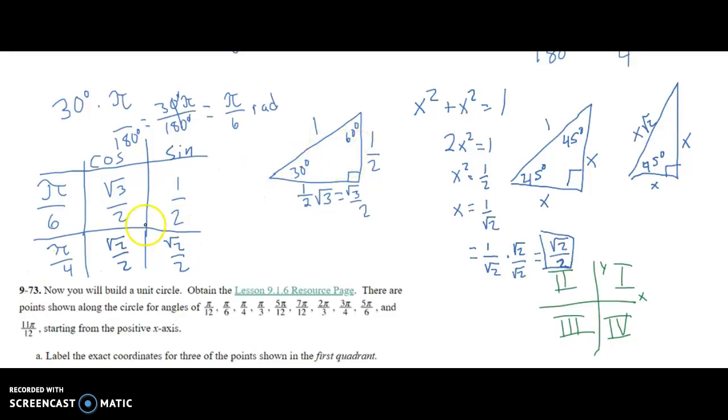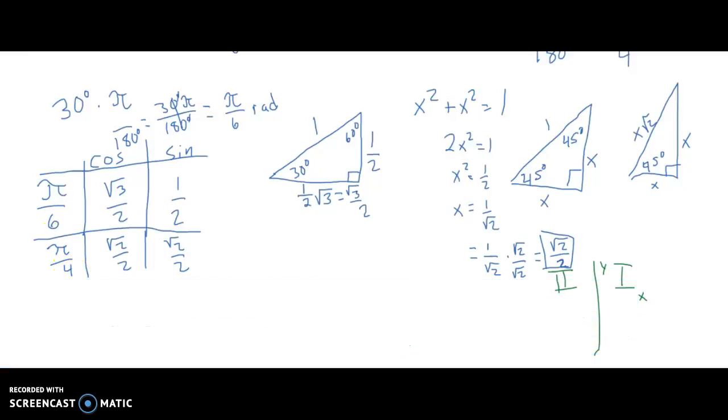Now, that being said, I could squeeze in one more thing. Let's see if I can insert some more space down here. I want to go back to this 30, 60, 90 triangle. So we have a 30, 60, 90 triangle and a 45, 45, 90 triangle, but we can also look at a 60, 30, 90 triangle within the unit circle.